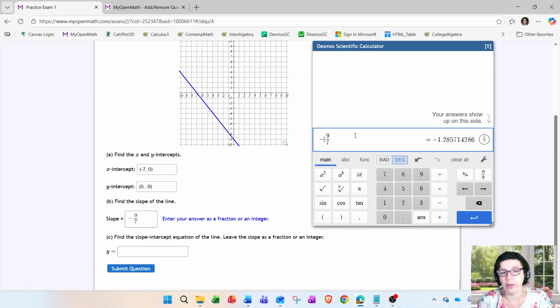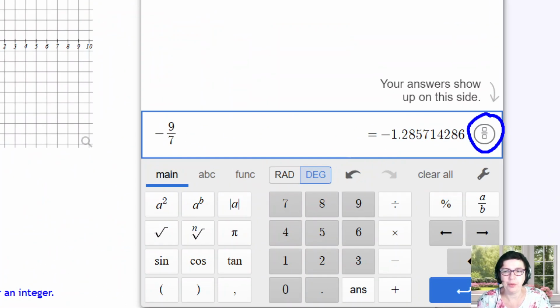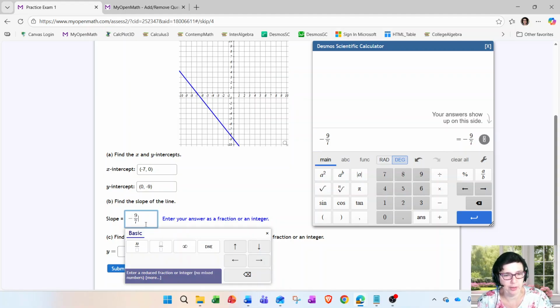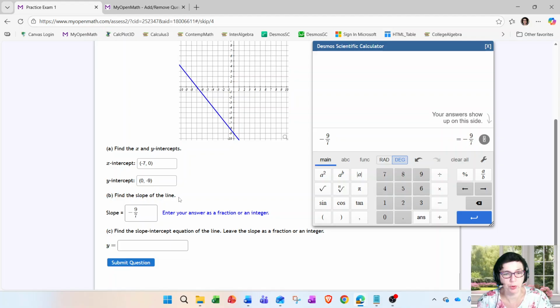How do you know whether that's going to be reducible? Well, you've got this little button right here that would reduce your fraction or keep it the same if it cannot be reduced. It doesn't look like it can be reduced, so we're going to leave it like that. See how it says reduced fraction. If it was possible to reduce it, it could be marked incorrect if you did not reduce it.